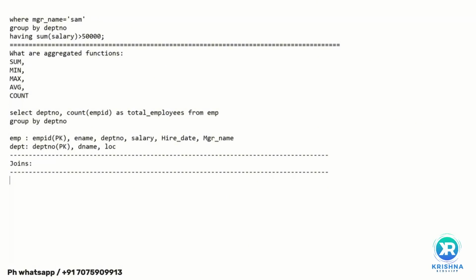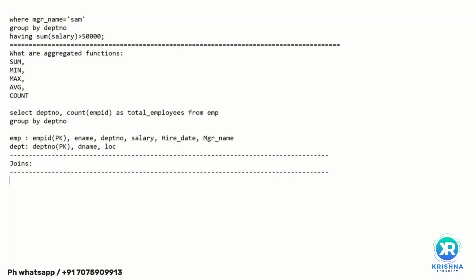What are all the different joins you mostly use? Based on this question, we can even know whether the candidate has real-time experience or not. That's why we ask this question. Can you please tell me what are the most frequently used joins?